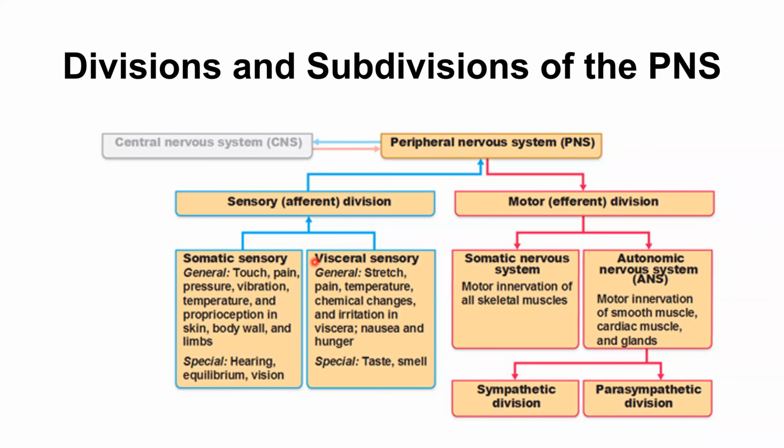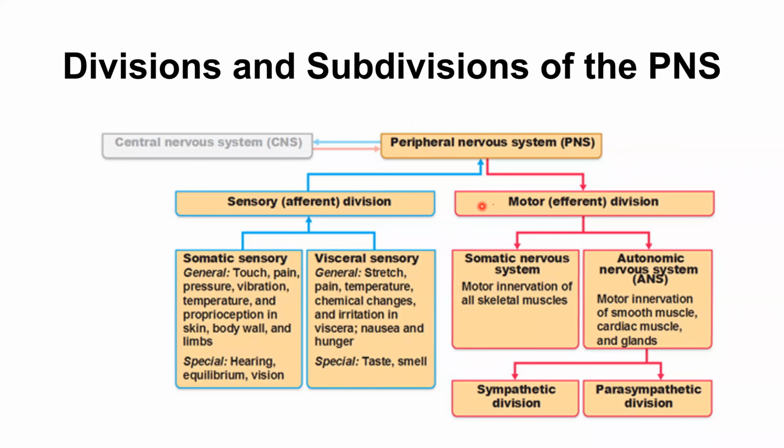And then our visceral sensory is going to do a little bit different things. So this is going to be stretch, pain, temperature, chemical changes, and irritation in the viscera. So this would mean things like our cardiac muscle, our smooth muscle, our glands, our organs. That's all going to be visceral sensory. And the special senses associated with visceral sensory then are taste and smell.